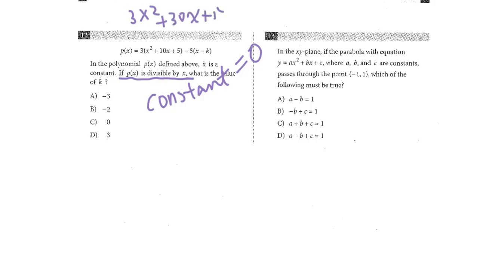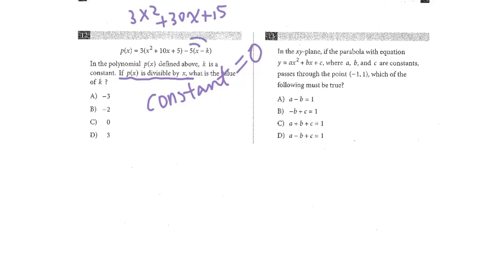This is a polynomial, if p of x is divisible by x. What's the meaning of divisible by x? Means your constant is equal to 0 for that polynomial. So I do the distributive property, you will get 3x squared plus 30x plus 15.